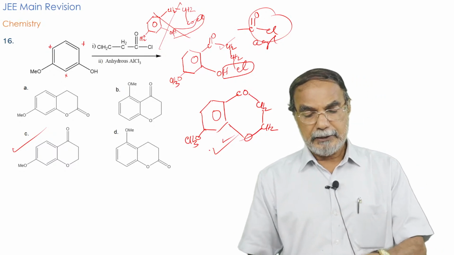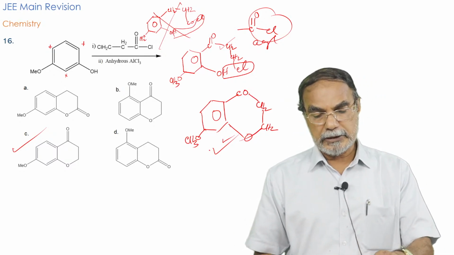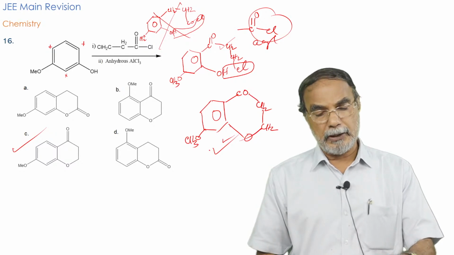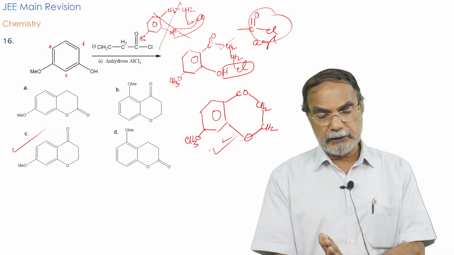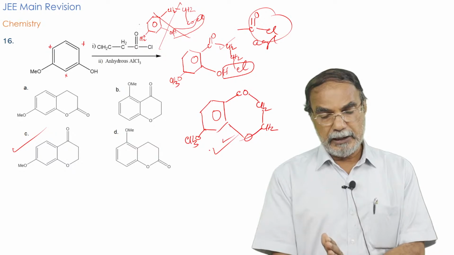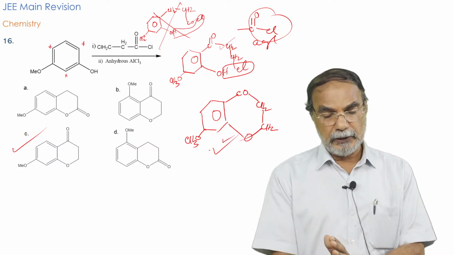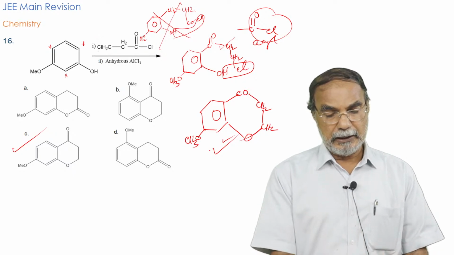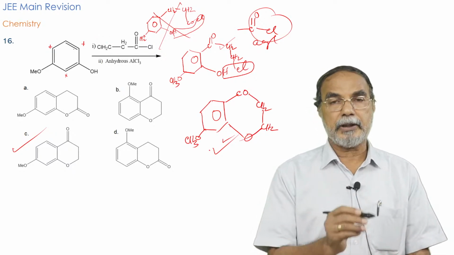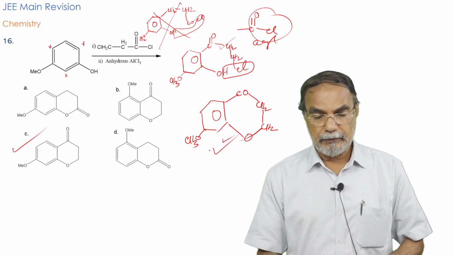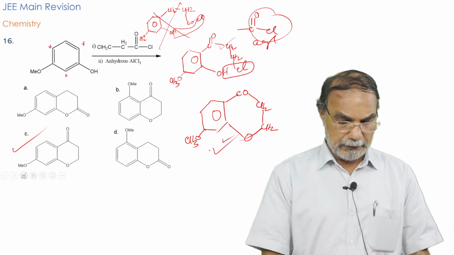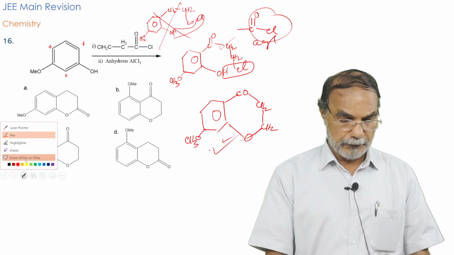Remember that the acyl chloride part of the molecule is more reactive than the alkyl part, and what is taking place is a Friedel-Crafts acylation with the acyl chloride here rather than a Friedel-Crafts alkylation with the alkyl chloride part of the molecule here. And that is how you have to rationalize the pathway of the reaction.